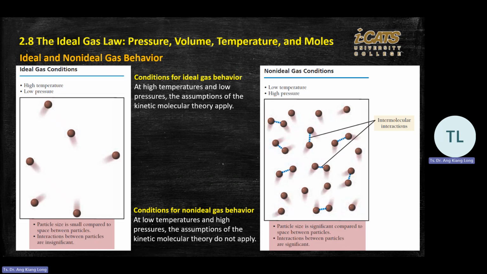Ideal gas condition, we use high temperature, low pressure. We assume kinetic molecule theory applied. There are 4 assumptions, just now. It's early when we start the chapter 2. We mentioned 4 assumptions for the kinetic molecular theory. So we apply for ideal gas.